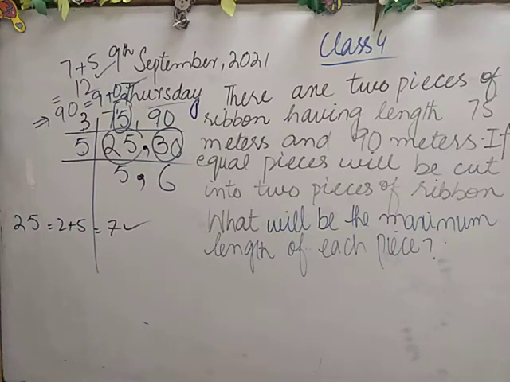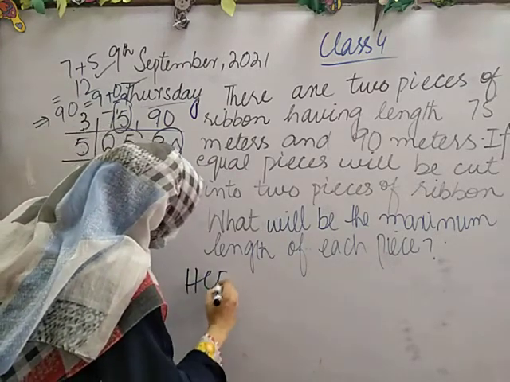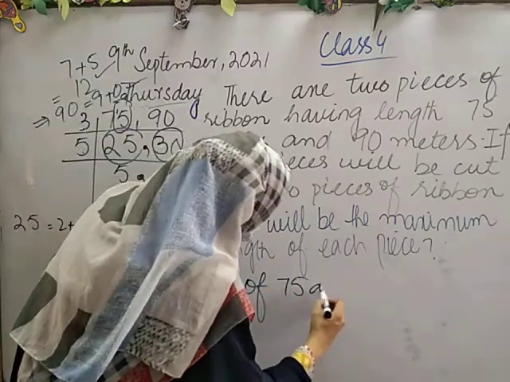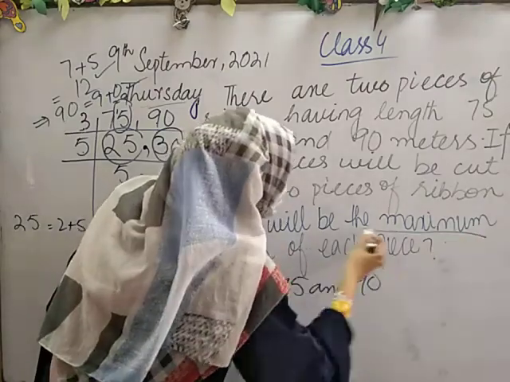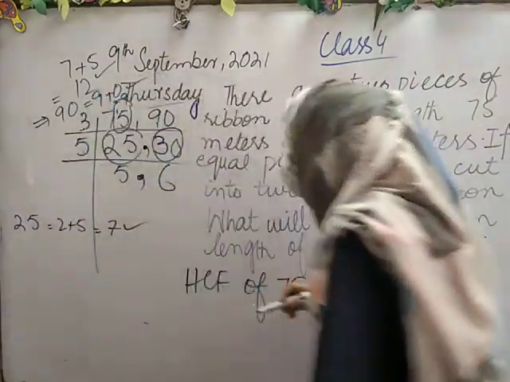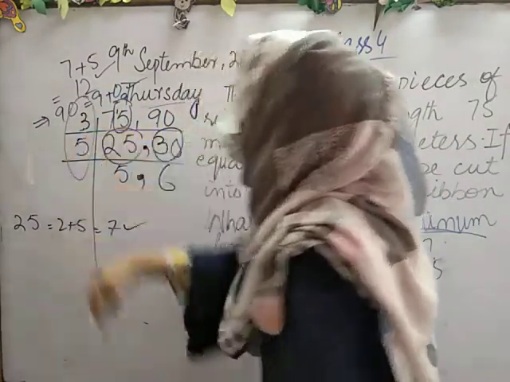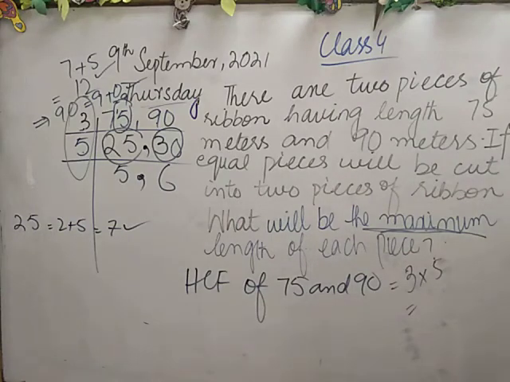So for HCF, you will write here HCF of 75 and 90, because we want the maximum number, maximum length. So 3 into 5, the common numbers. We will simply multiply the numbers which are common. So 3 5's are 15. Am I clear? Now we have another part.